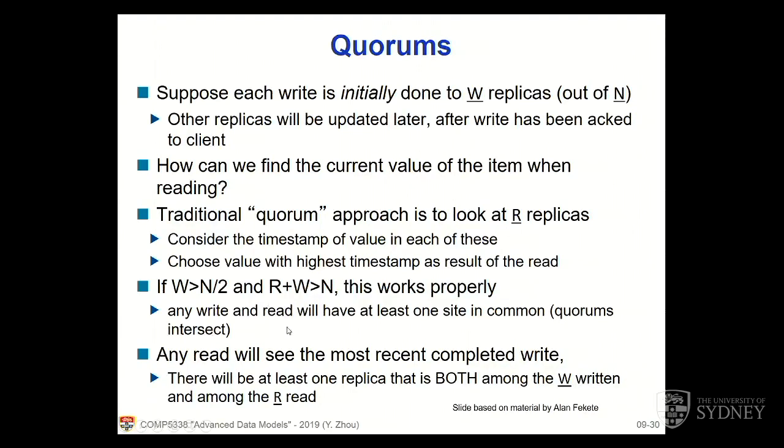In that case, there will be a common copy between read and write, right? Because if R plus W is greater than N, at least 1 copy is common, called the intersection. That one will have the latest value, and then you can always return the current value.